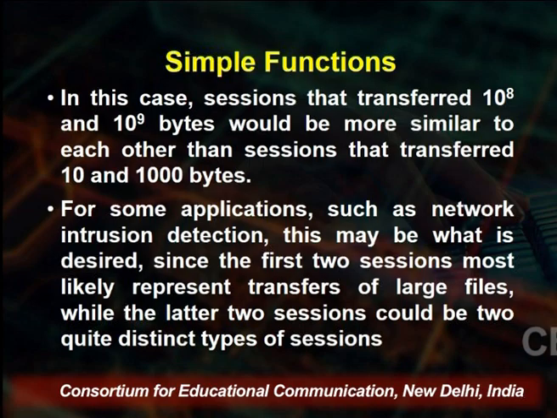Now in this case, the sessions that transferred 10 to the power 8 and 10 to the power 9 bytes will be more similar to each other than the sessions that transferred 100 and 1000 bytes. Why? Because 9 minus 8 is 1, whereas 3 minus 1 is 2. So the gap between the first two sessions is less, and in the second pair it is more, right.